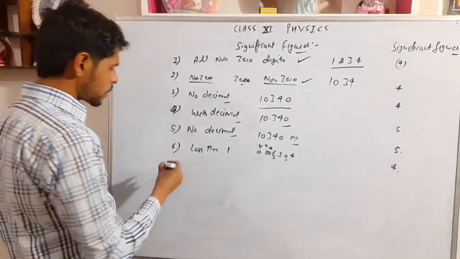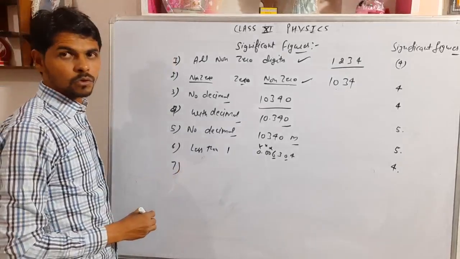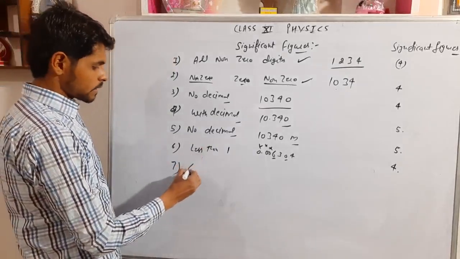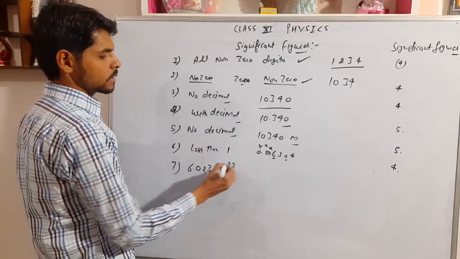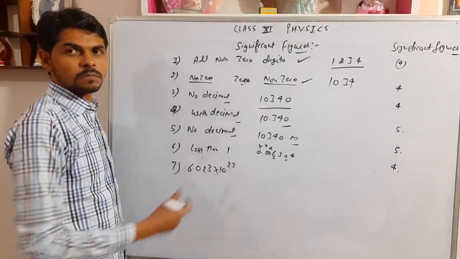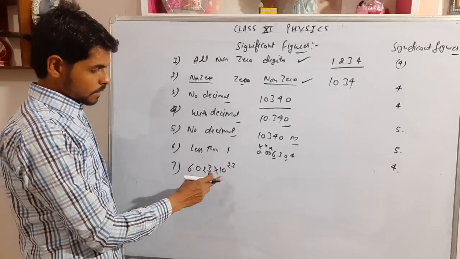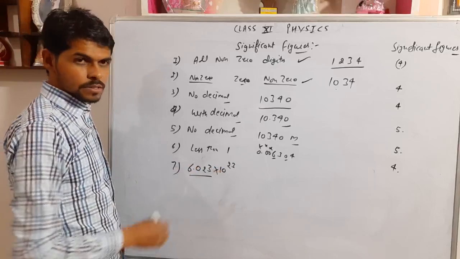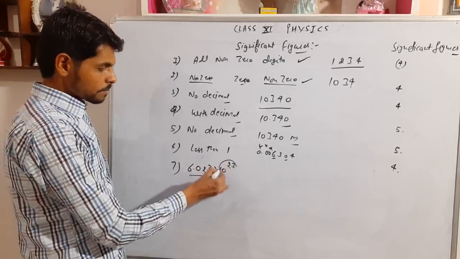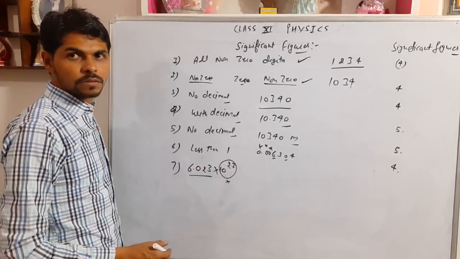One more important rule, rule number 7: if a number has a value like this, with power raised to 10, this is the base quantity, and this is 10 raised to a power. This power is not counted in significant figures.